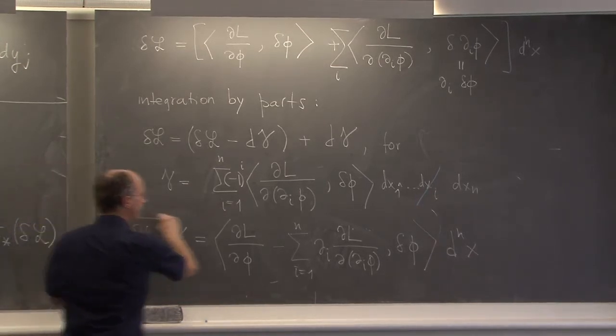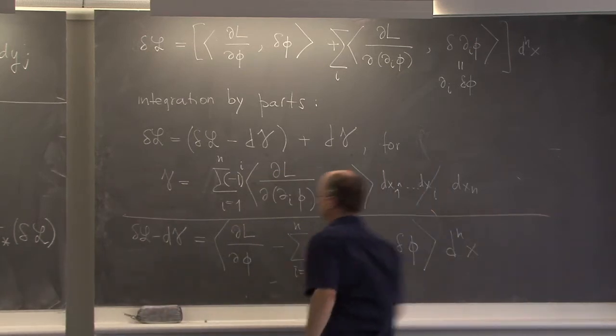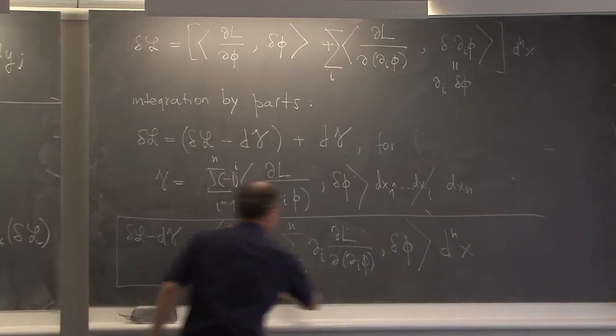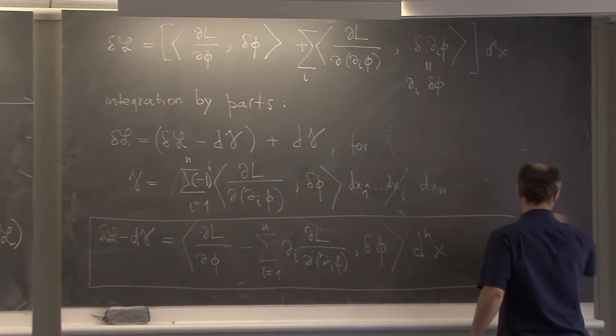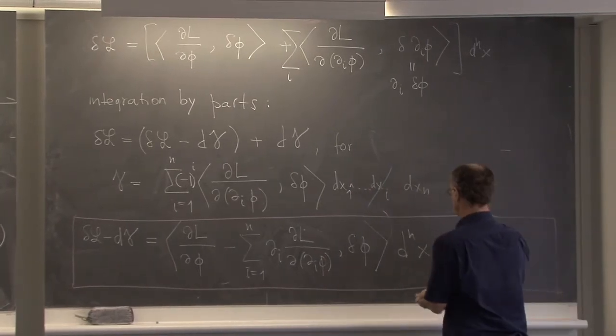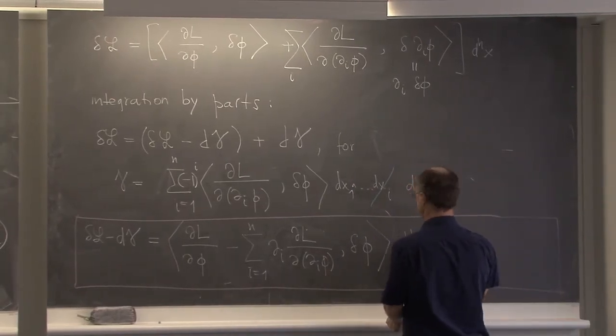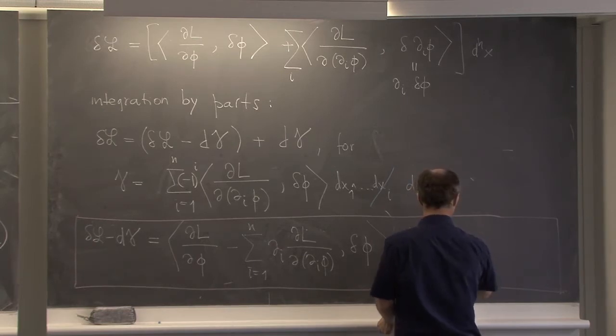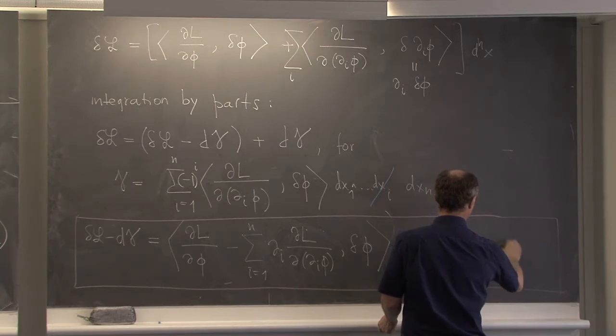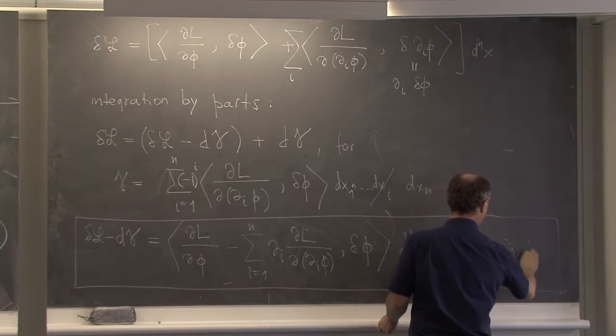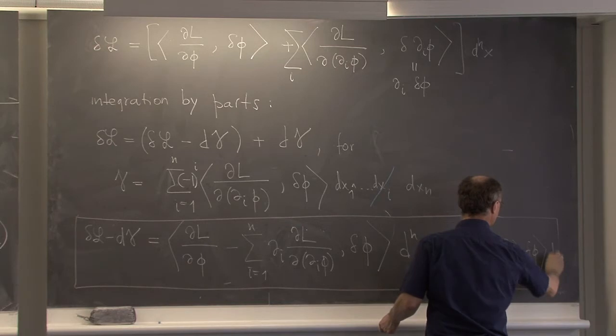So you see, now the idea is, this is actually equal to q phi, d2 phi, delta phi, dnx.